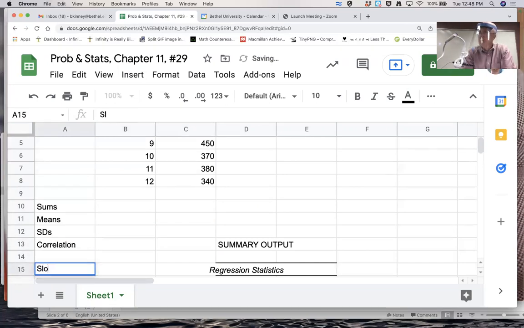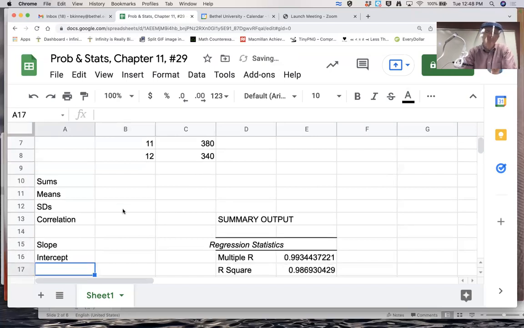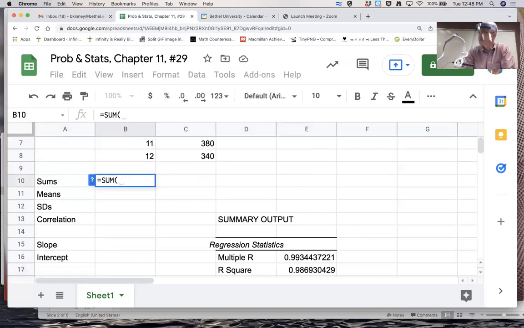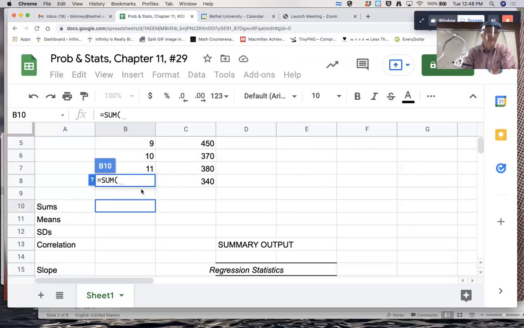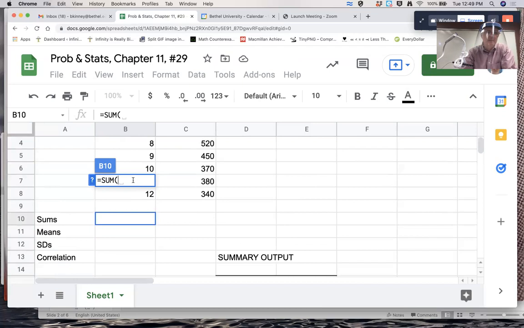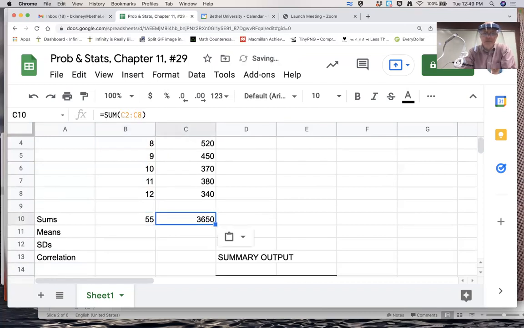And we're doing this slope, intercept. The formulas did involve summations. So I'll do equals SUM, B2 through B8. There's the sum of the X's, copy and paste that over. There's the sum of the Y's.